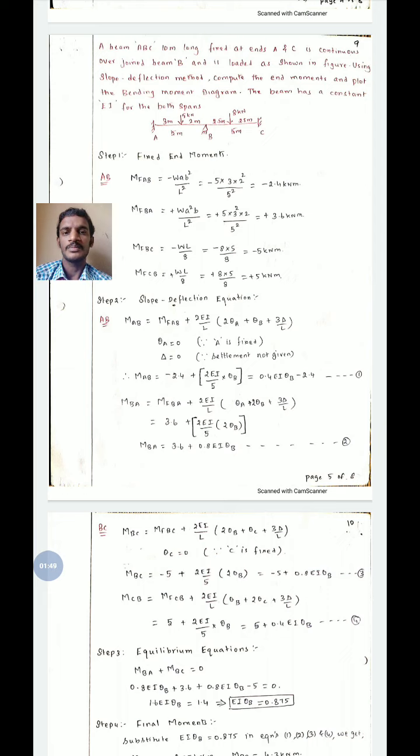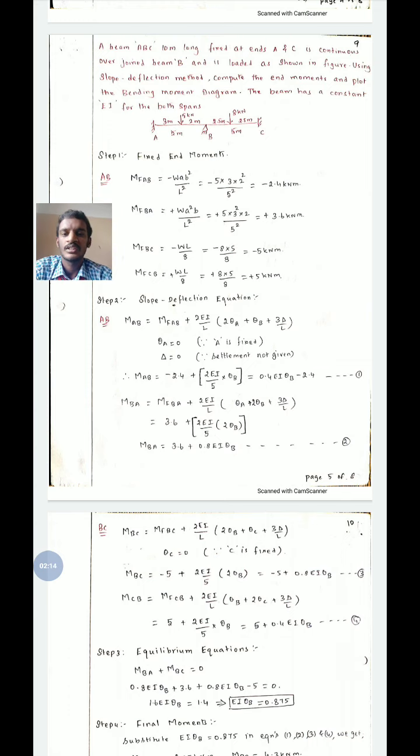For the center of the span, the formula is minus WL by 8 for the left end and plus WL by 8 for the right end. Substituting the given values, we get minus 5 kilonewton meter and plus 5 kilonewton meter for the respective ends.